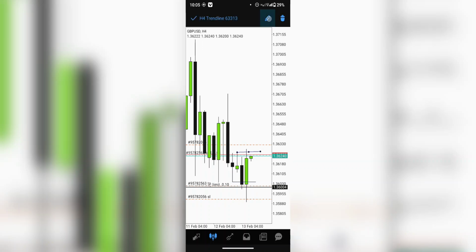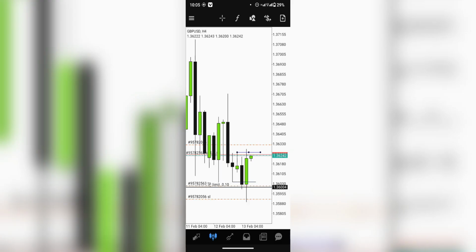there has been a shift in market structure right there.